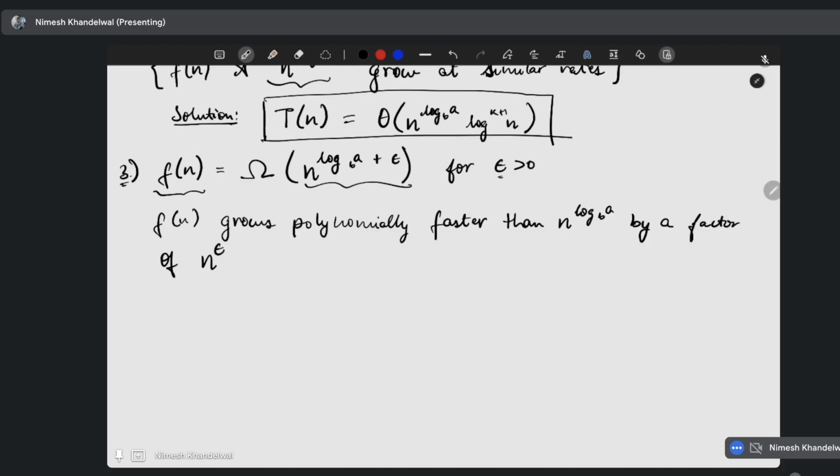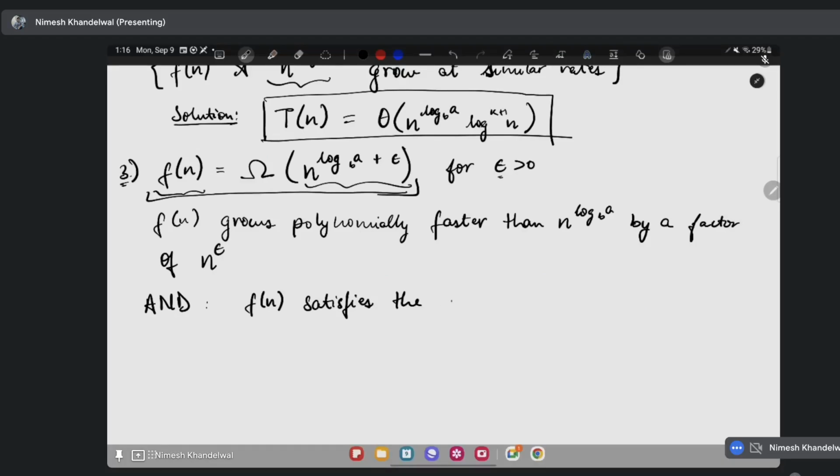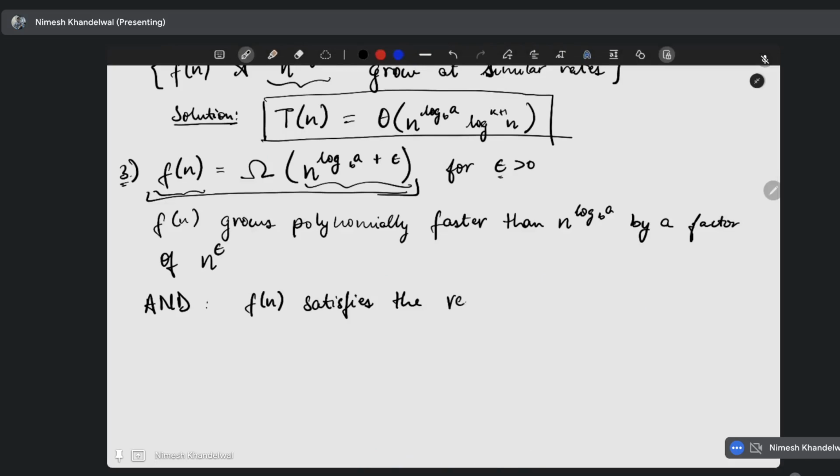Right, so if this is the case and f of n satisfies the regularity condition, right?